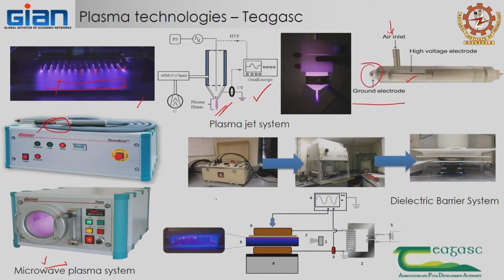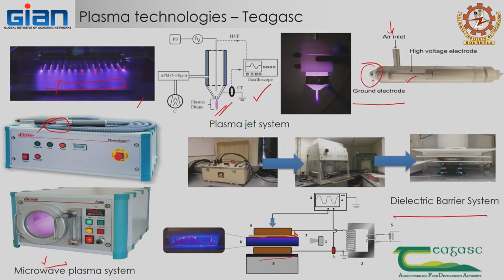Now this is again a variac, where you can change the voltage. That means whatever the input voltage, in the same way you can change the external voltage. In this case, that is a dielectric barrier system. That means you have a positive electrode and a ground electrode, and between them there is a gas, and it just creates a plasma inside.